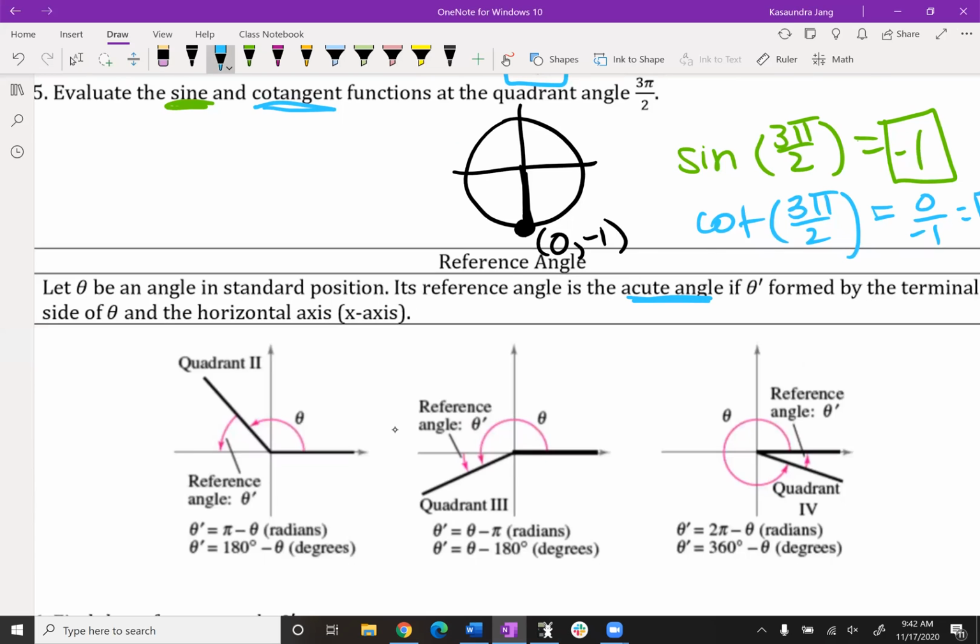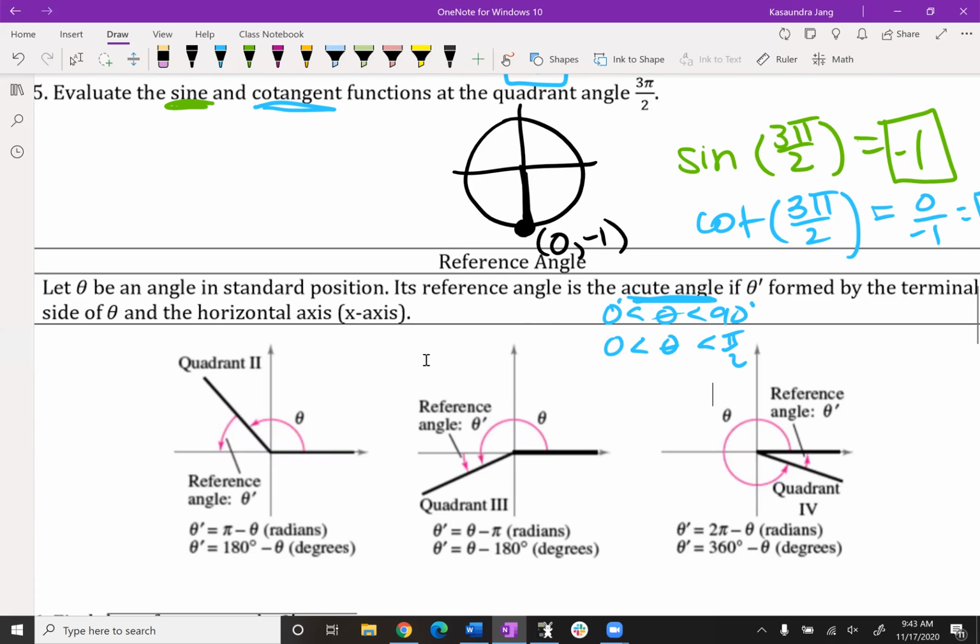What does acute mean again? Does anybody know what an acute angle is? Less than 90. Okay, specifically between 0 and 90 degrees. If we're talking radians, that would be between 0 radians and pi halves radians.